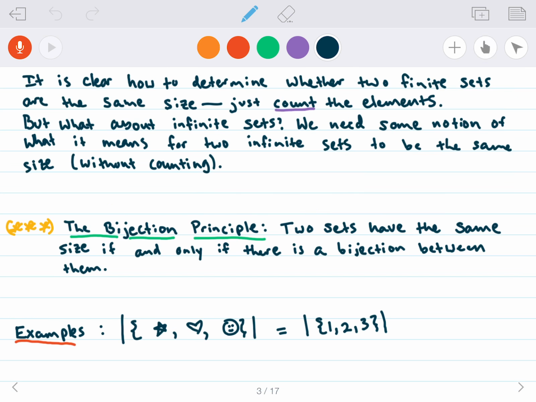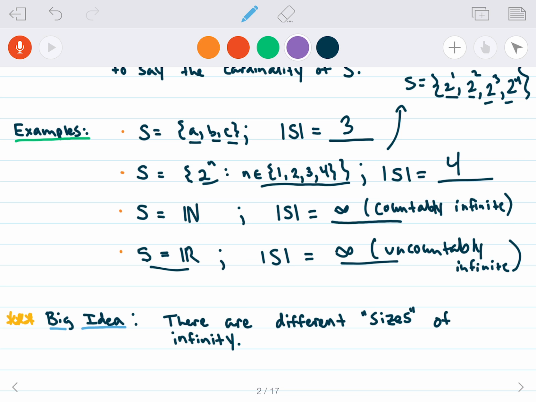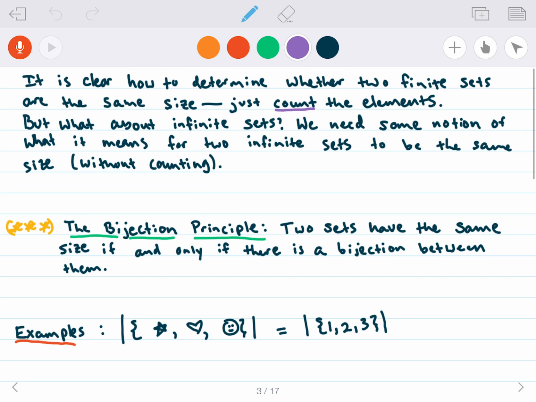Okay, so in this little blurb that I wrote, we know how to tell whether two finite sets are the same cardinality. We just count the elements, right? In our example here, the set S, well, I named them both S, but whatever. These two different sets in examples 1 and 2 have different cardinalities, so they're not the same size.